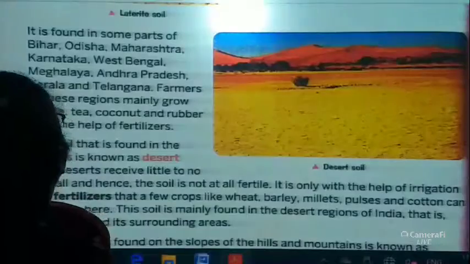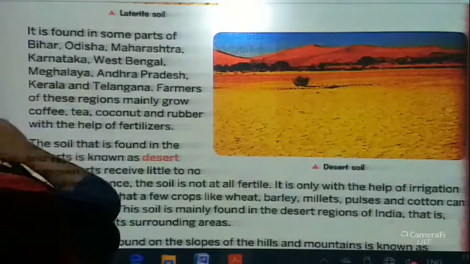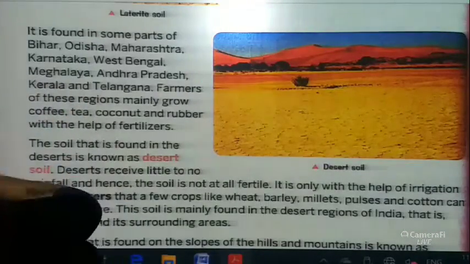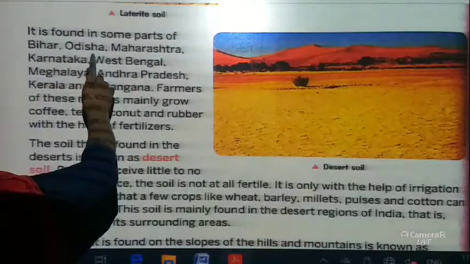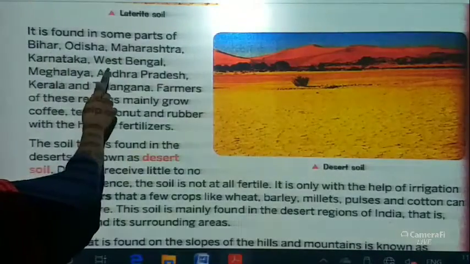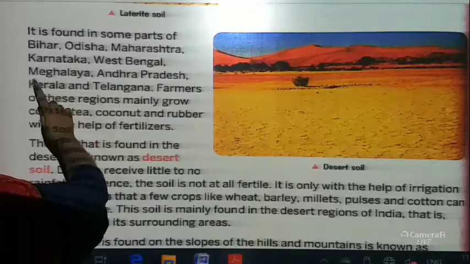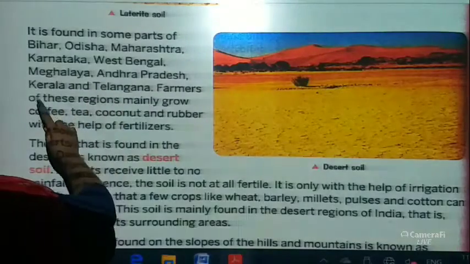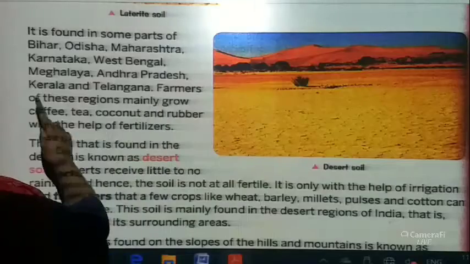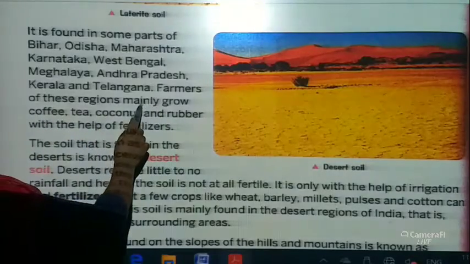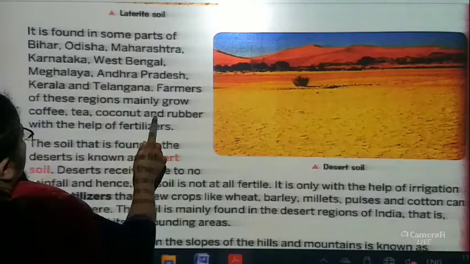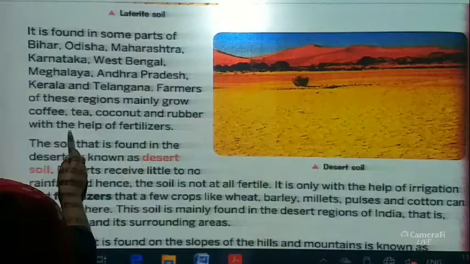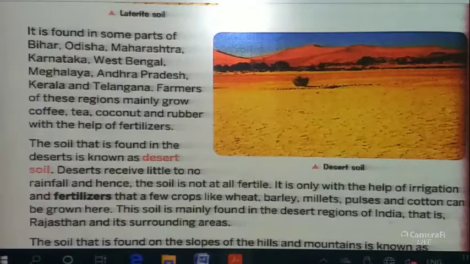Okay, laterite soil is the upper picture which you had, and this is the desert soil. Laterite soil is found in some parts of Bihar, Orissa, Maharashtra, Karnataka, West Bengal, Meghalaya, Andhra Pradesh, Kerala, Telangana. Farmers of these regions mainly grow coffee, tea, coconut and rubber with the help of fertilizers.